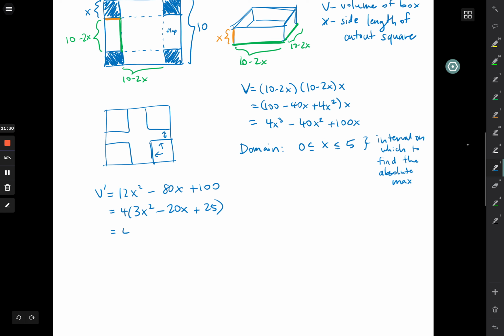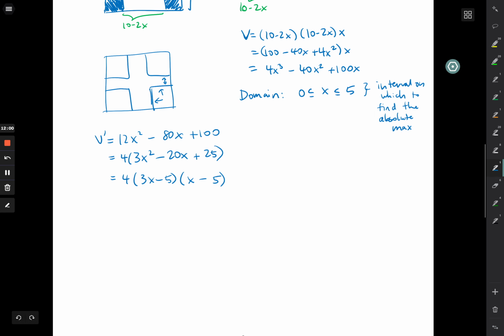Okay, and then let's go ahead and factor this further. What we want is something of this form, right? And we will need a 5 and a 5, and that fills in a lot of information, and then if we just make both of these negative, we should get negative 20x when we multiply this out. Okay, so if we set this equal to 0, we will be able to find our critical points.